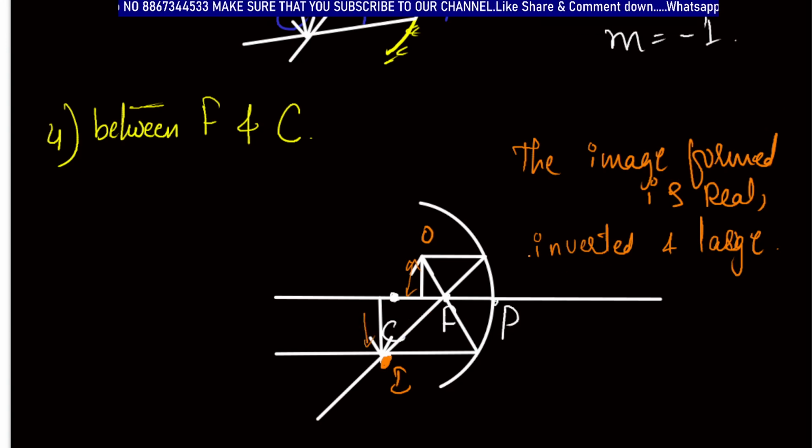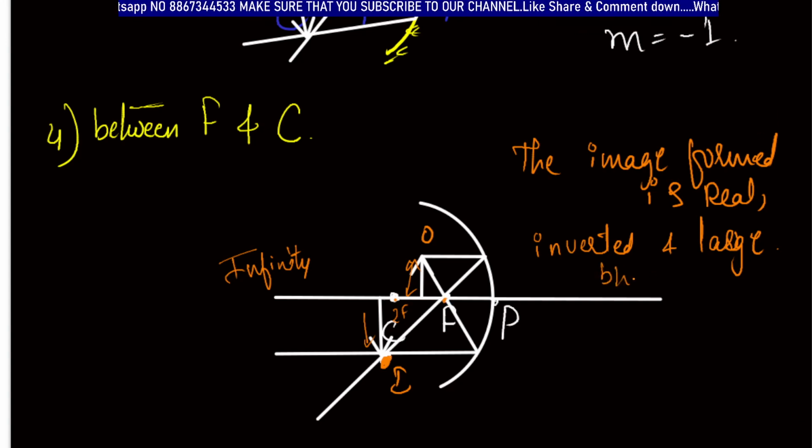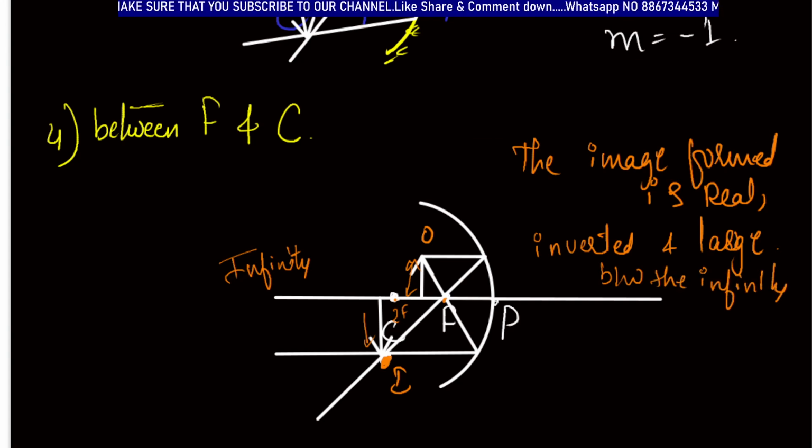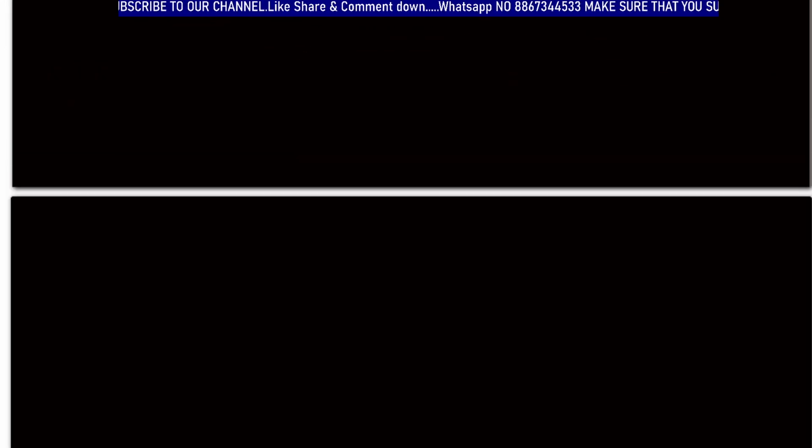So here the image gets larger than the object, and it is between the center of curvature and infinity. We can also say it is beyond 2F, because half of this will be F, here it will be 2F. So it is between infinity and 2F.